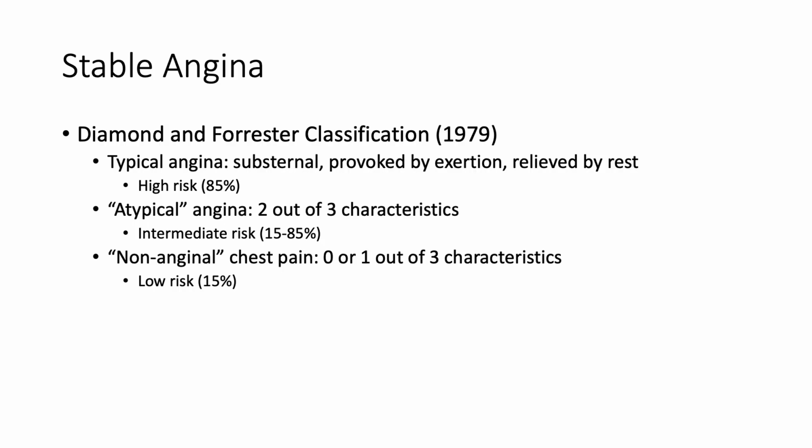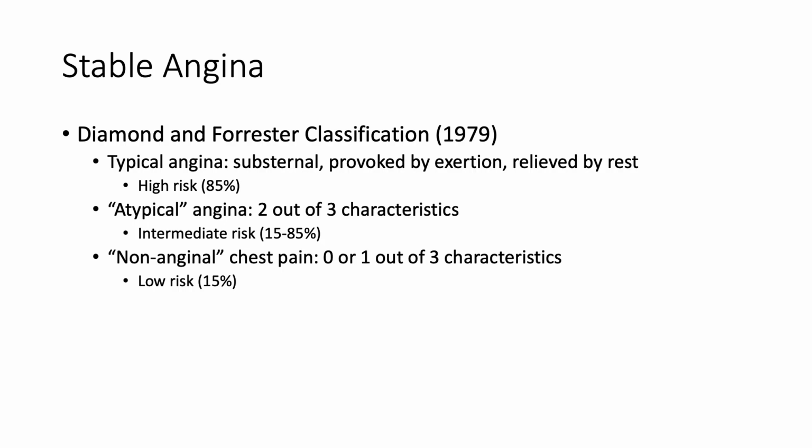But they broke people up into 3 categories. They said if you had typical angina, which was substernal discomfort provoked by exertion, relieved by rest, then they called that high risk. You had an 85% pretest probability of having coronary artery disease.